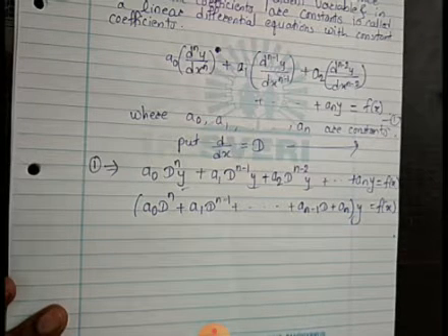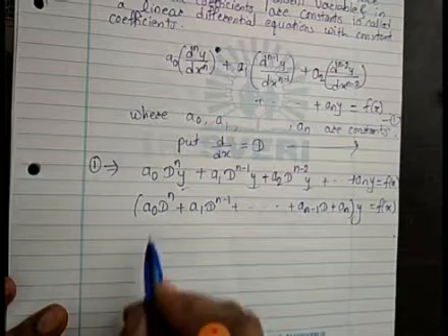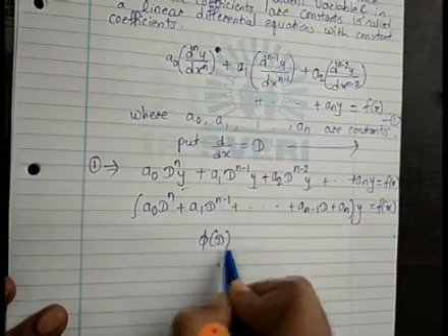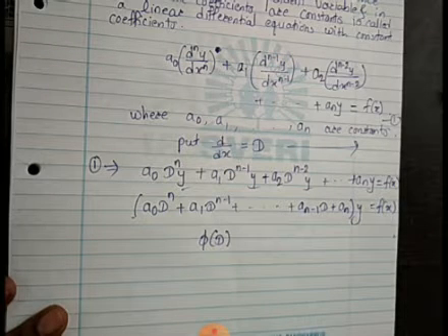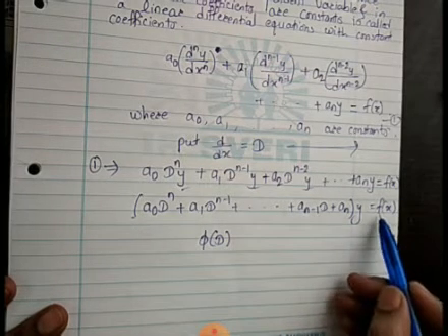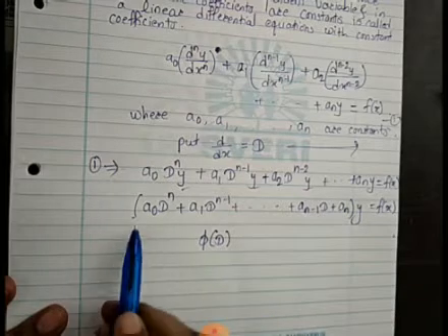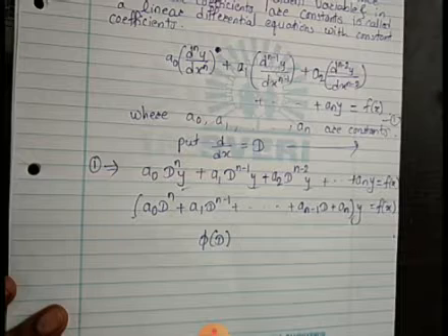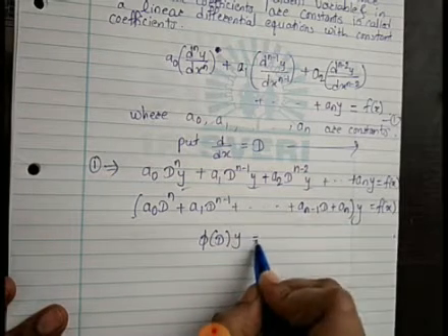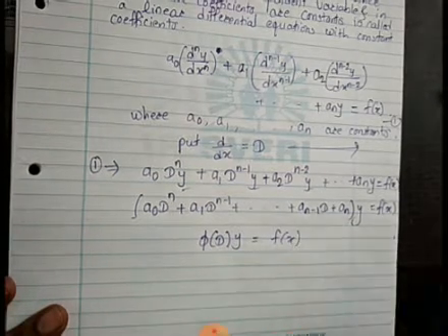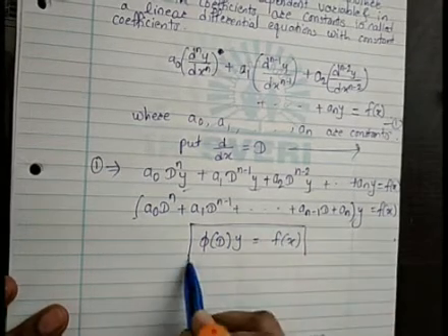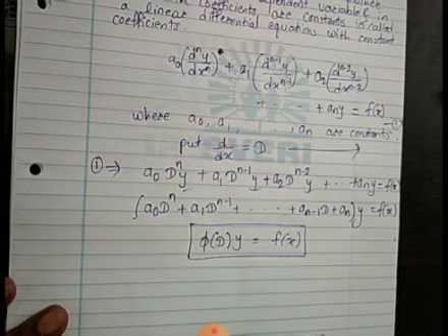Then it will be a polynomial in D. So for that whole expression I will call phi of D, a function of D. I'm not using f because f is already used, so I'm calling this phi of D, some polynomial in D, into y is equal to f of x.